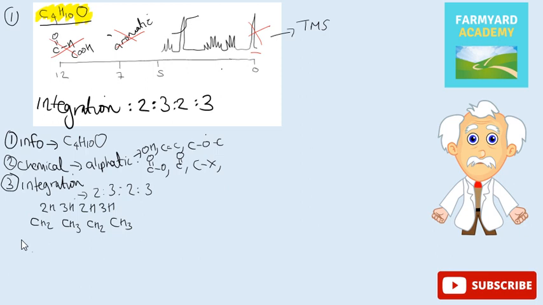Okay, so moving on then. We've got the next stage, stage 4, which is to look at the spin-spin coupling, or sometimes it's known as multiplicity, so you can call it whatever you want.